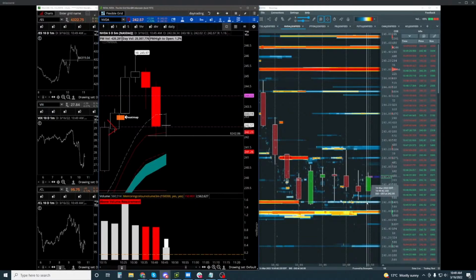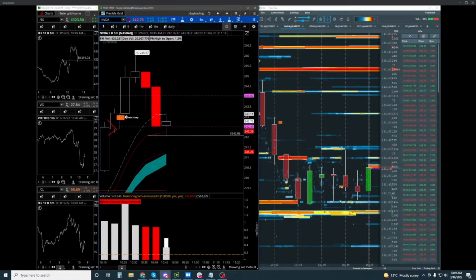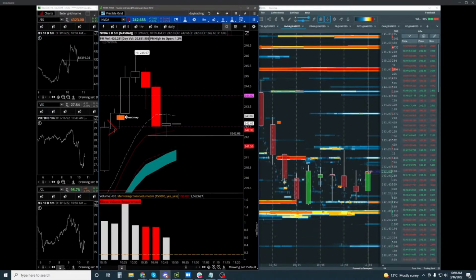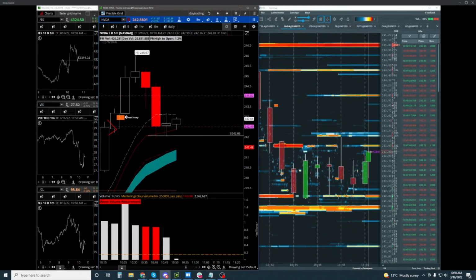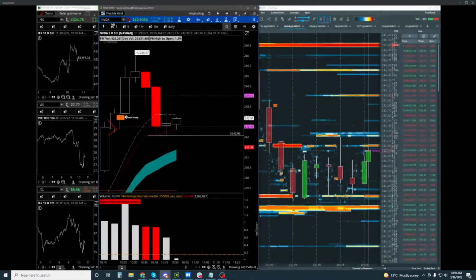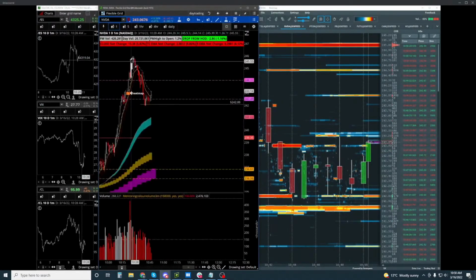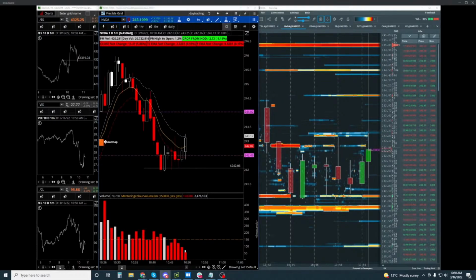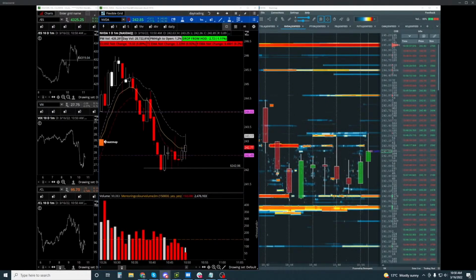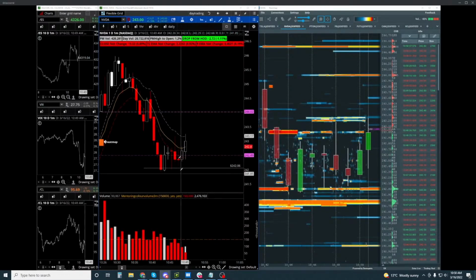If we have a fast washout, fake breakdown, and right away bounces, I'm gonna long into this. 243. Trying to break the 243.